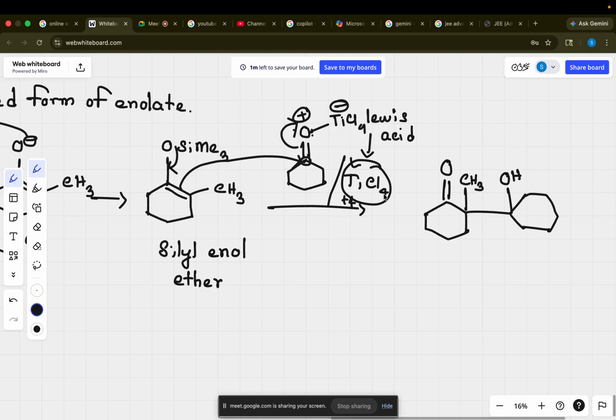Because TiCl3 you are using, that is fine, but we also need a solvent, even temperature, and they have not specifically mentioned these.